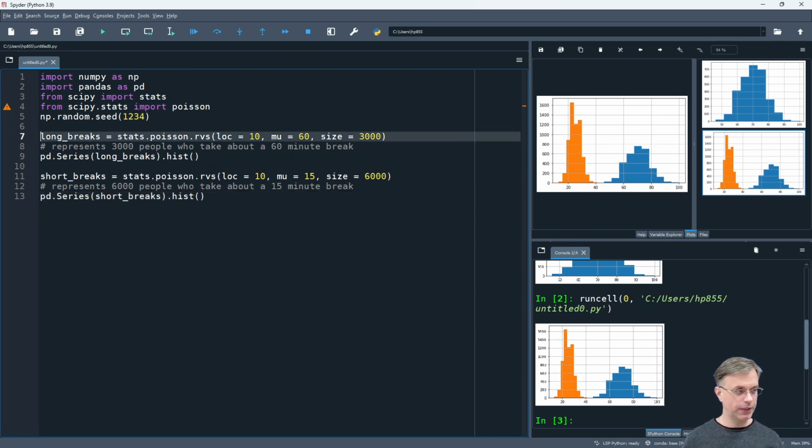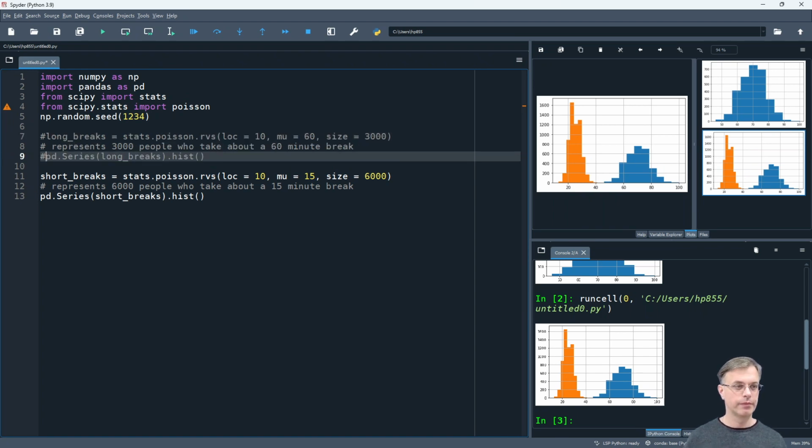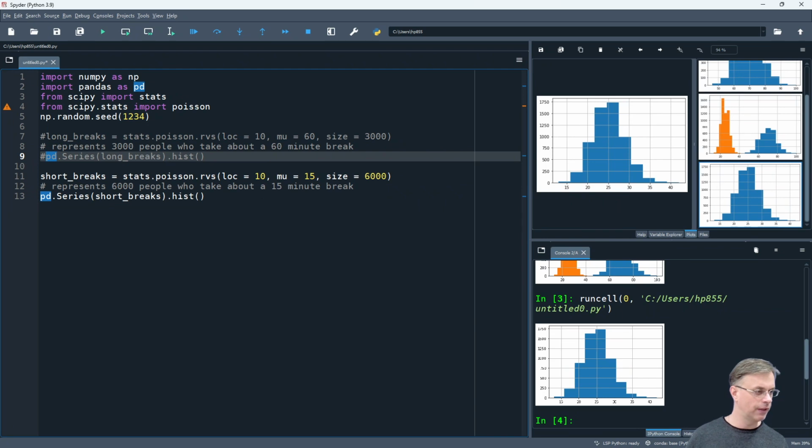If we get rid of this here first, and we just run the last one, so we get it here. So we have the distribution for the people who take longer breaks and a distribution for the people who take shorter breaks. Again, note how our average break length of 15 minutes falls to the left hand side of the distribution, and note the tallest bar is now about 1600.